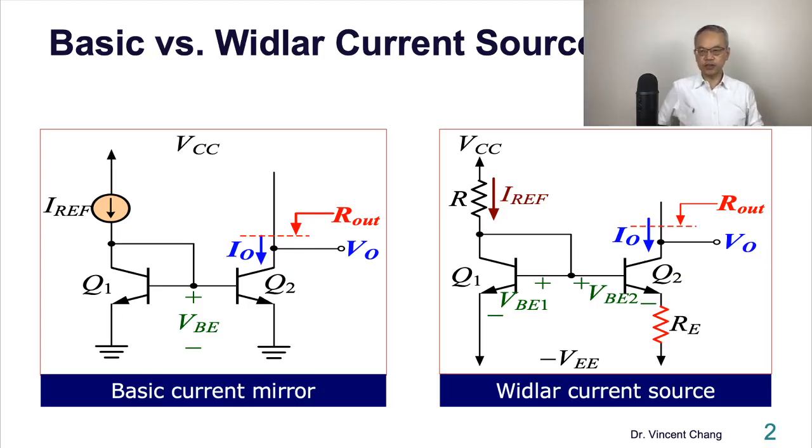Here's the slide showing the contrast between the basic current mirror on the left and the Widlar current mirror on the right. The major difference is that on the right hand side you see the emitter resistance RE is included.